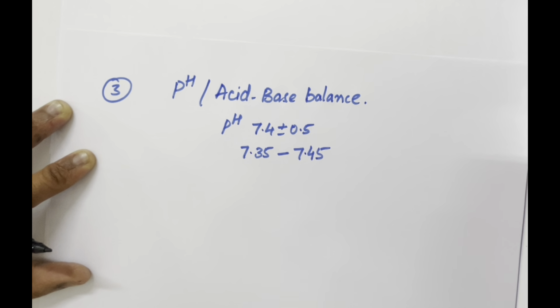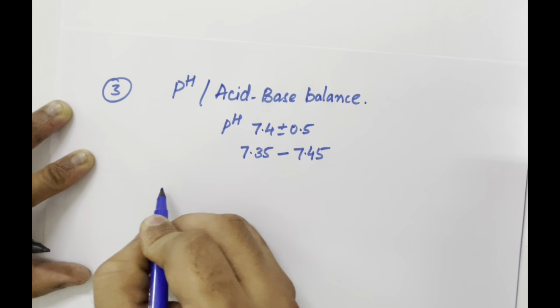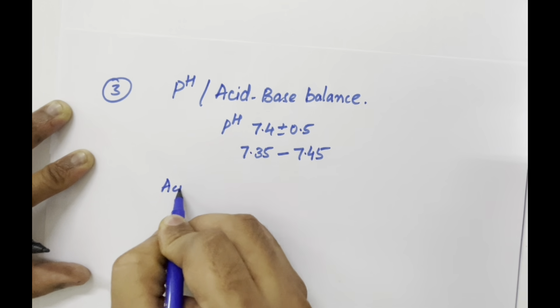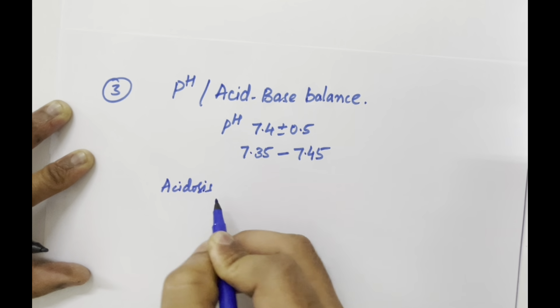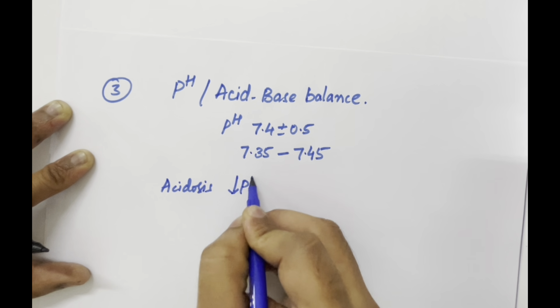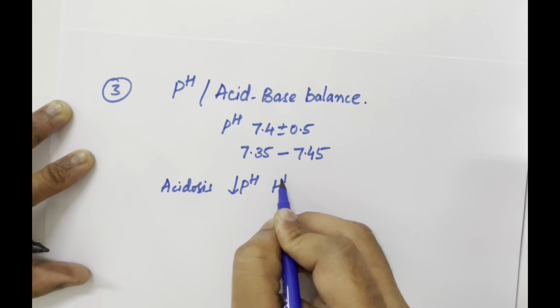If there is any alteration in the pH, the cell enzymatic activity will be altered. So for cell survival and normal cell metabolic activity, the optimal pH has to be maintained. Consider now a condition like acidosis, where pH is reduced and hydrogen ion concentrations are more.